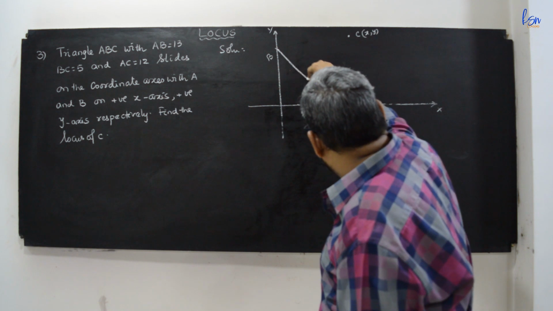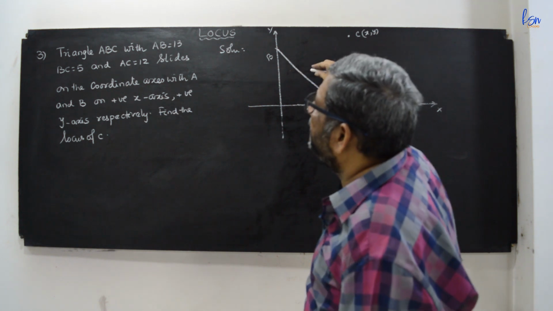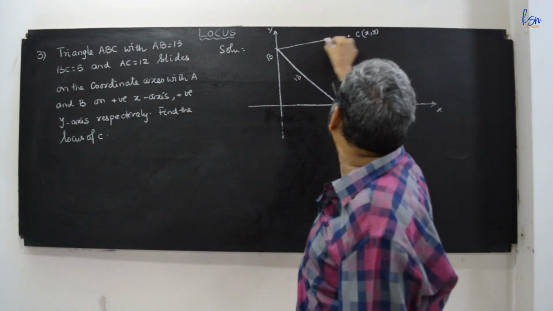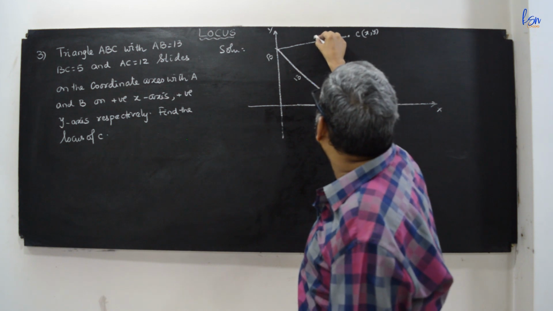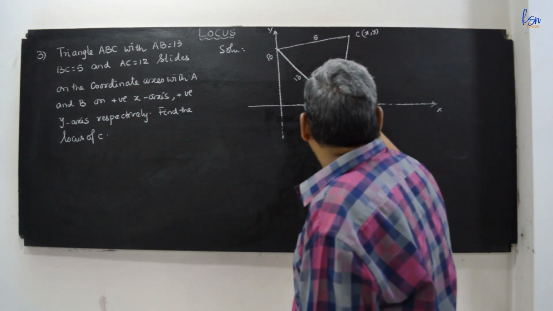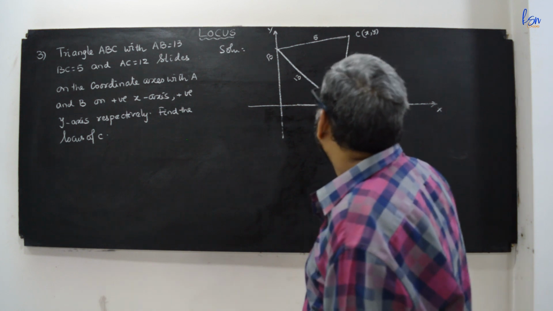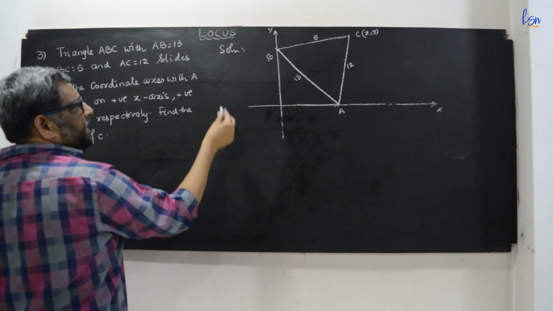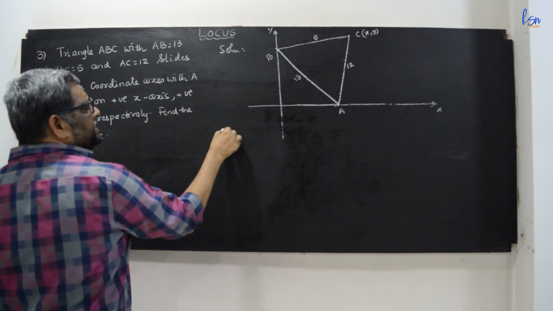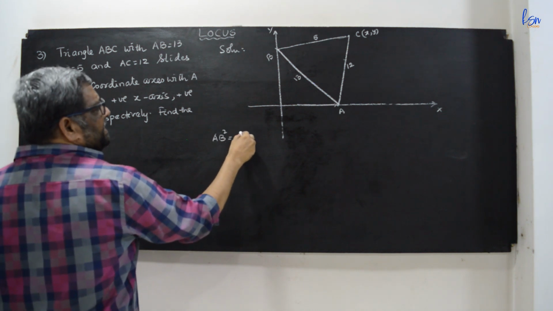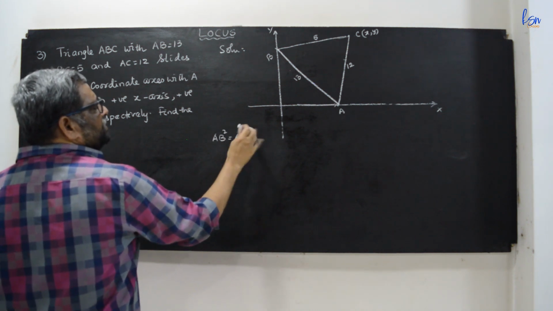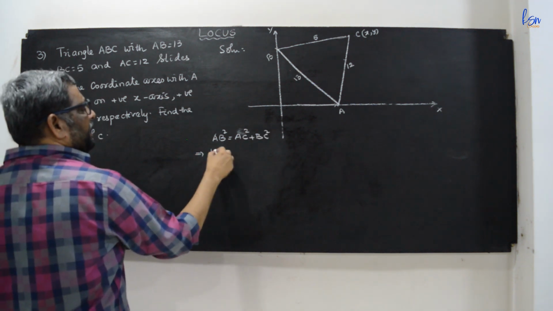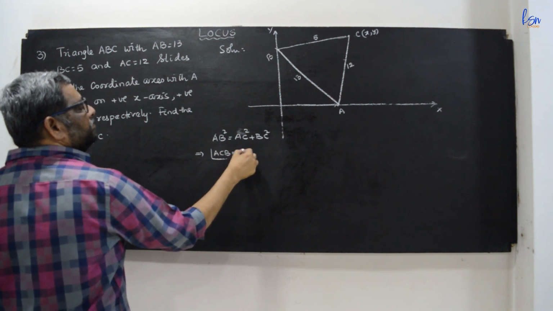Now join AB. Given that AB is equal to 13, and join BC. BC equal to 5 and AC is equal to 12. Right. Now, from the given data, it is clear that AB square equals AC square plus BC square, which implies angle ACB is equal to 90.